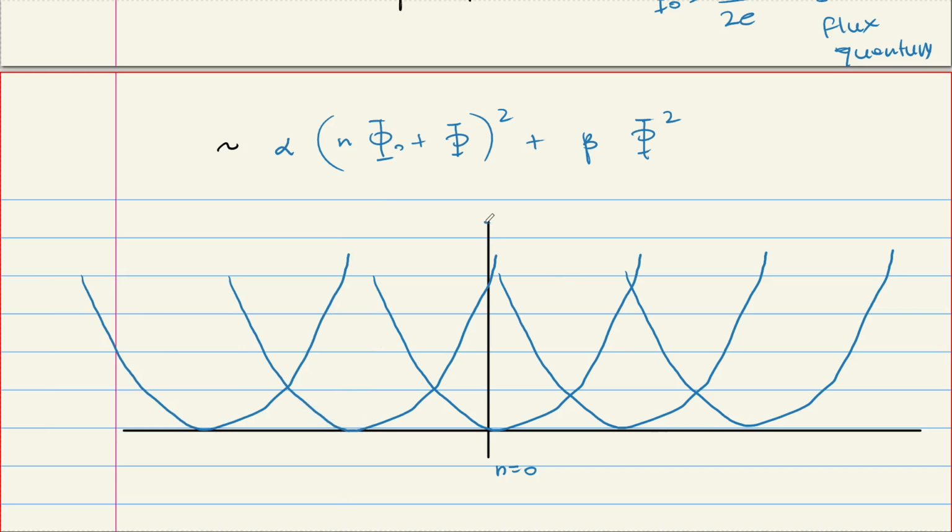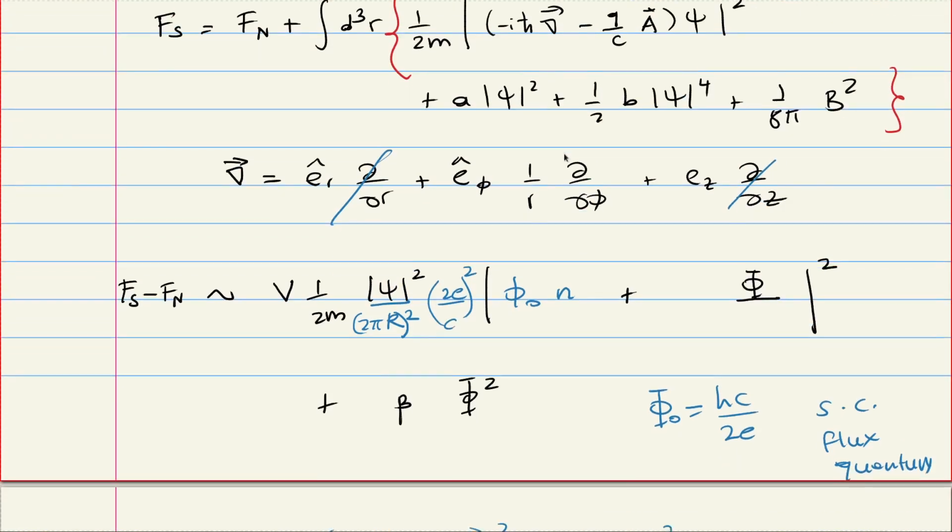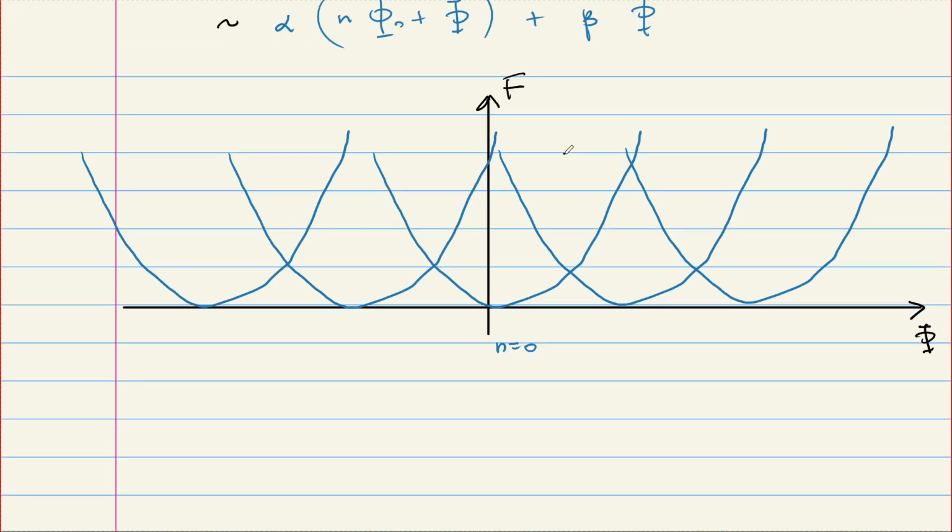So what am I plotting? I'm plotting this free energy as a function of flux. But this is also a parabola, because beta is another coefficient, and if that coefficient is like that, let me draw it like this.